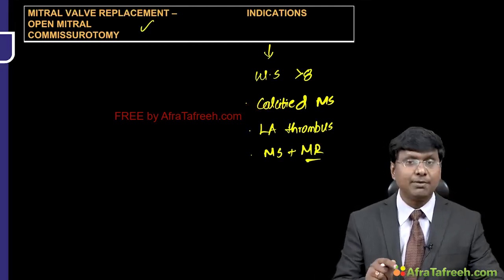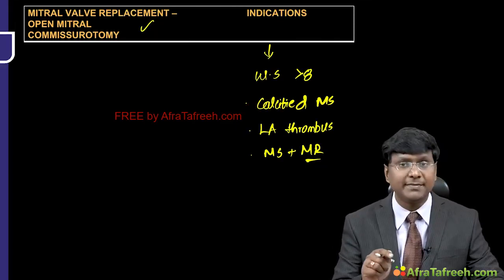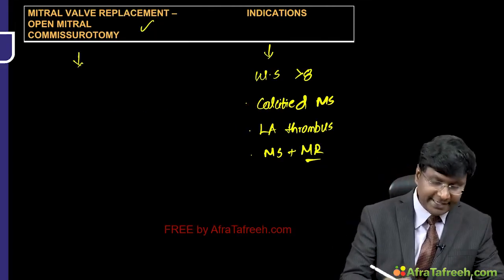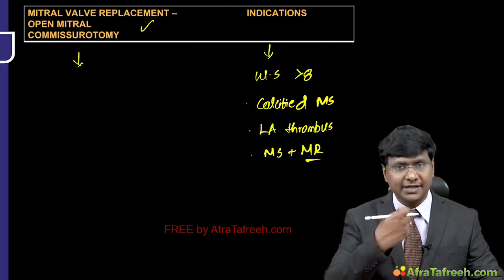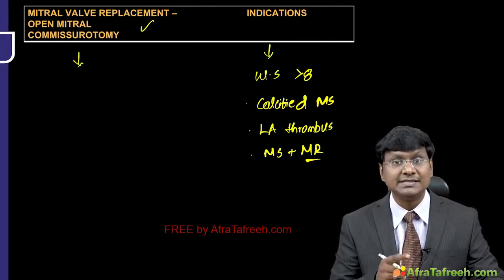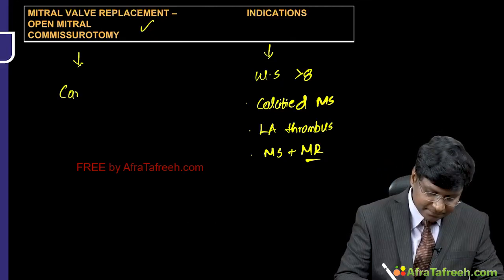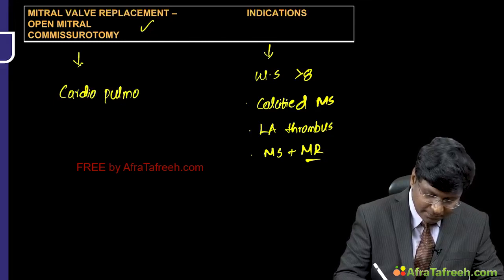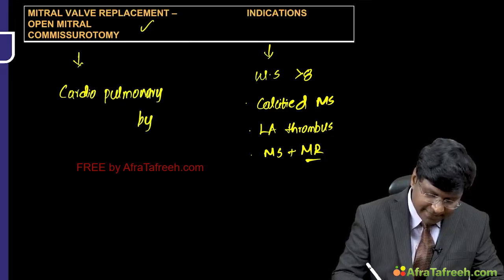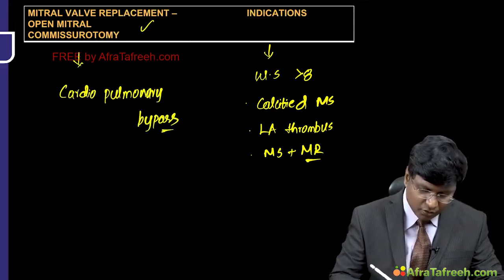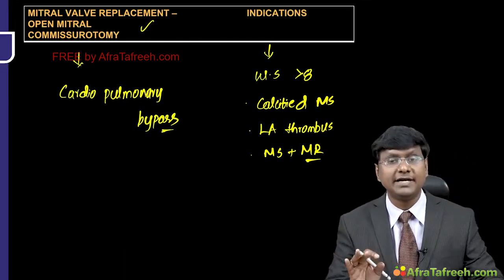Now, what should be the approach? You need to cut open the chest, using cardiopulmonary bypass. Using cardiopulmonary bypass, you need to do the open mitral commissurotomy or the mitral valve replacement.